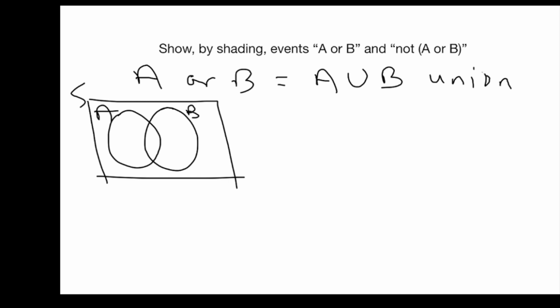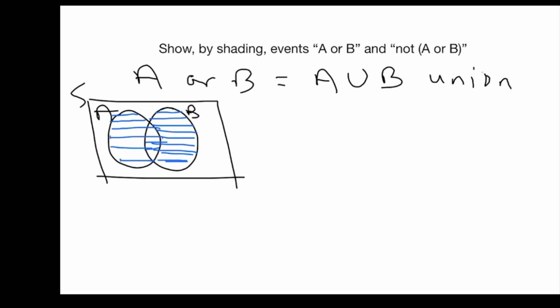Then A union B means everything in A together with everything in B. So everything in A should be shaded and everything in B should be shaded. That shaded part is called A or B, or A union B.